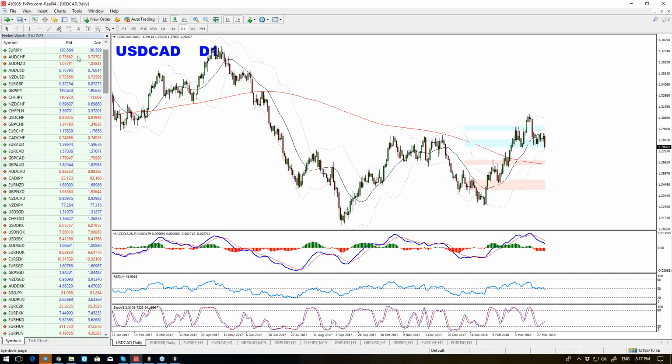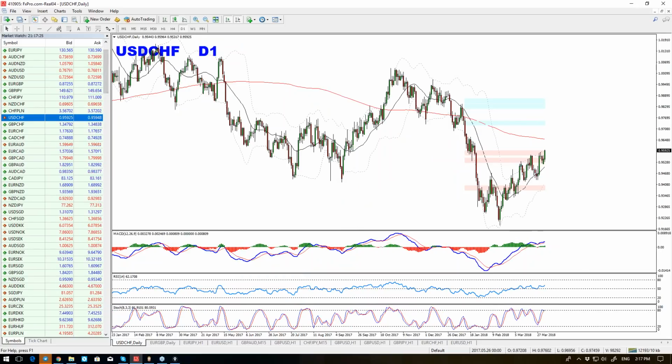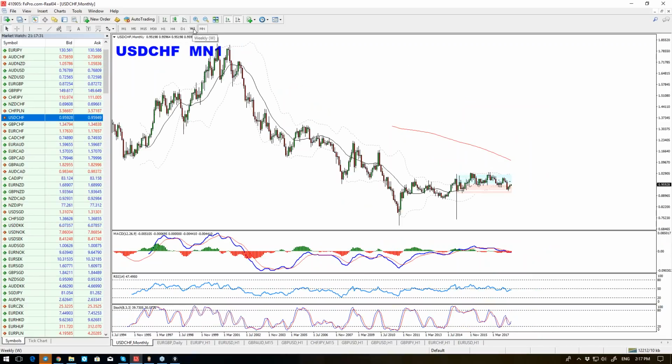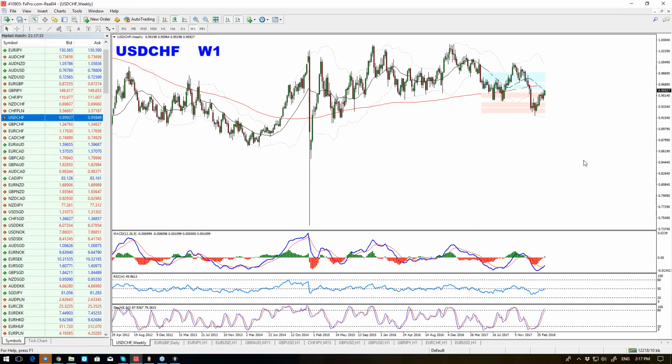Dollar versus the franc. Where is our dollar franc here? Now, this pair is for the long term, the weekly and the monthly. It has no bullish divergence yet created here, so that's what makes it possibly going lower. And I suspect it will.